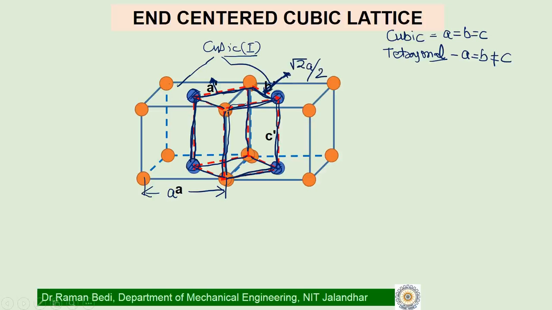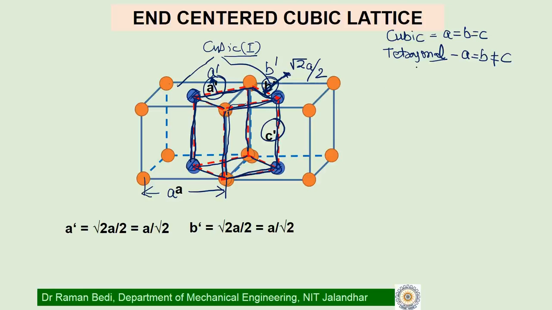If I write these as a dash, b dash and c dash, with a as already given, a dash is root 2 a upon 2, which is nothing but a by root 2. Similarly, b dash also happens to be root 2 a upon 2, or a by root 2.